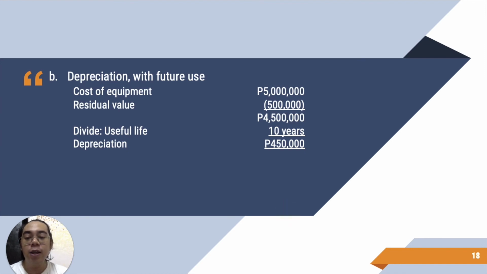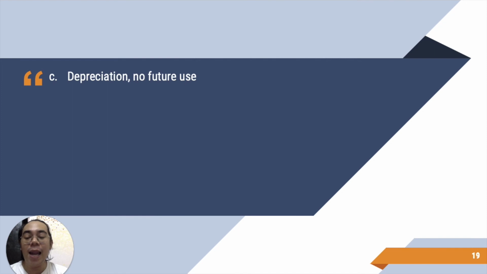Letter C, what if walang future use? Pag walang future use, then use the shorter of the life of the asset or the life of the natural resource. So, the cost of the equipment is 5 million. The residual value is 500,000.